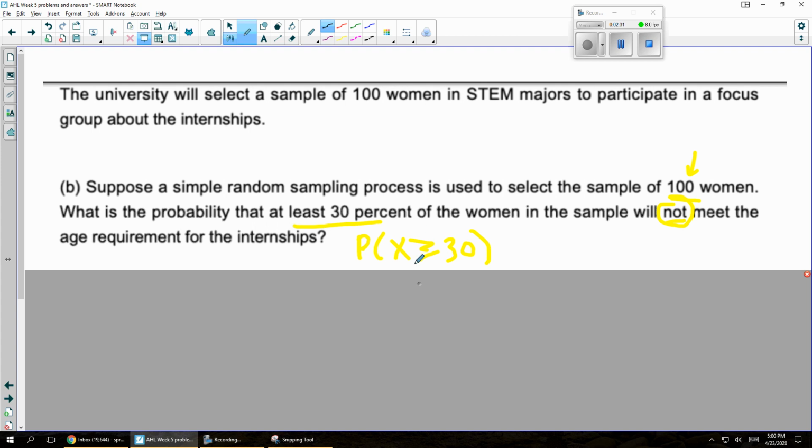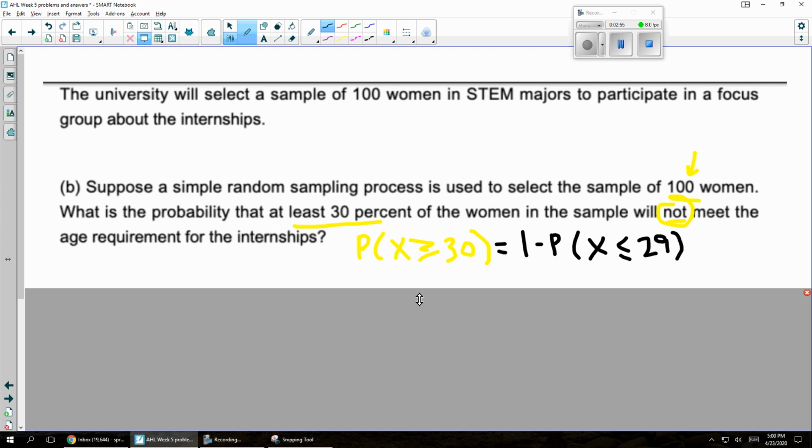It's a cumulative one because we have an inequality, which means I really need to turn it around and work it like this, because you'll recall that CDFs have to be less than or equal to 29 here, because the 30th woman would put her in this category. And so this is 1 minus the binomial CDF.